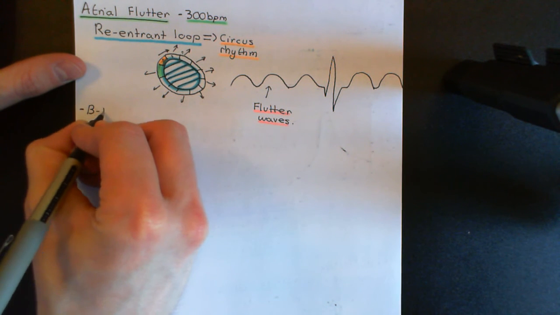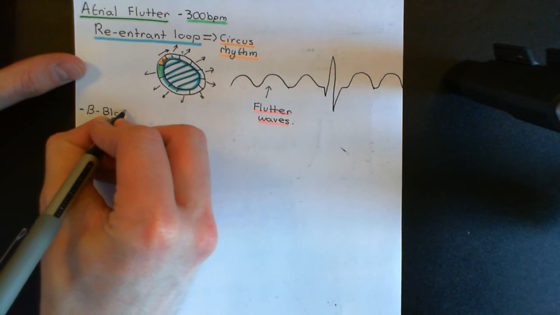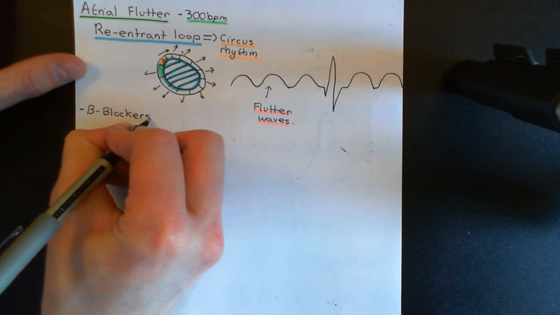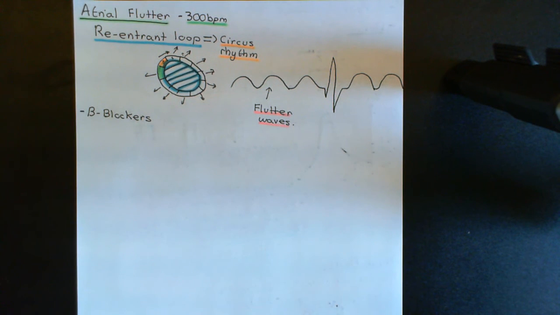We can use beta blockers, and remember the way that beta blockers work is they will bind to the beta-1 adrenoreceptors on the surface of the atrioventricular node cardiomyocytes, and they will prevent the noradrenaline or norepinephrine from the sympathetic nerves actually activating those beta-1 adrenoreceptors. That will then reduce the sympathetic stimulation onto those atrioventricular node cardiomyocytes, resulting in a reduction in the speed at which they conduct action potentials.